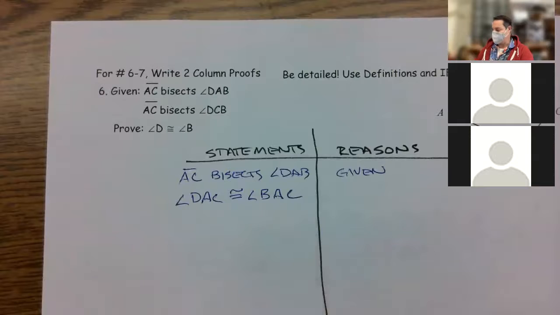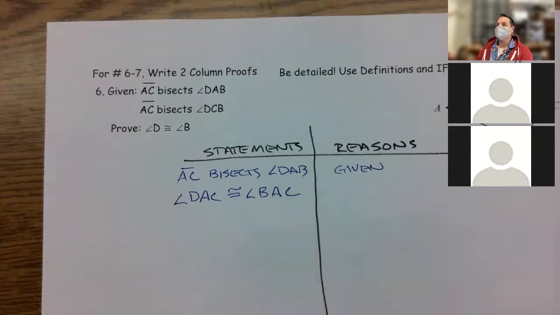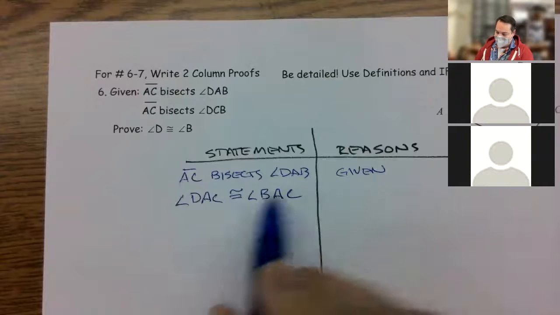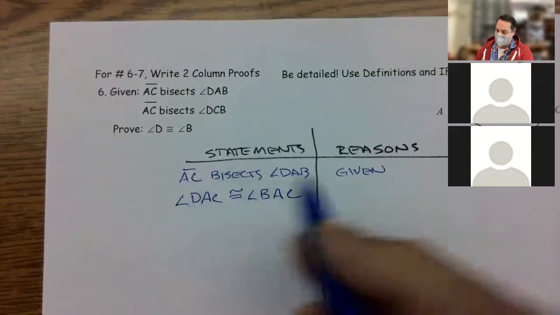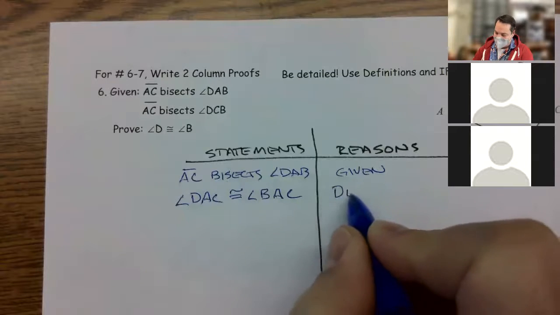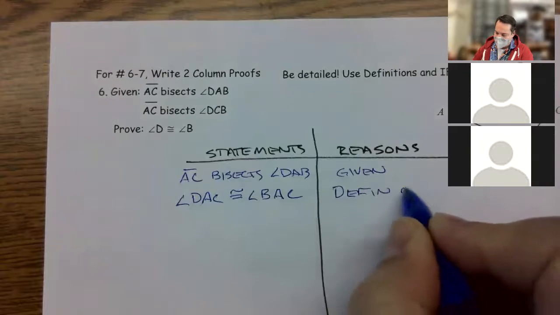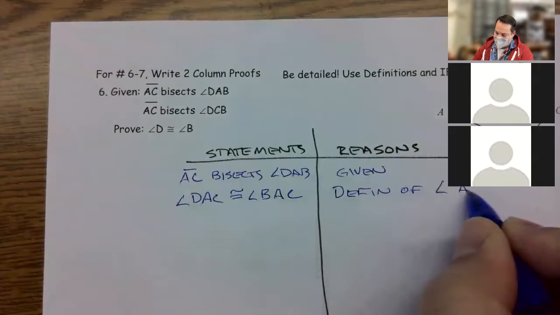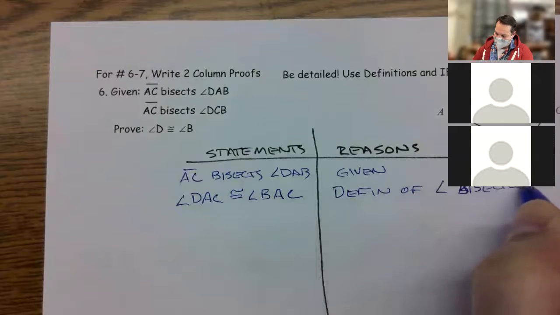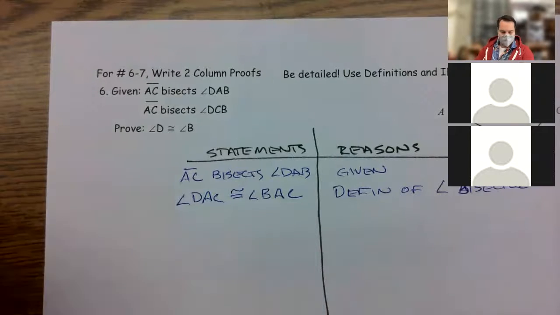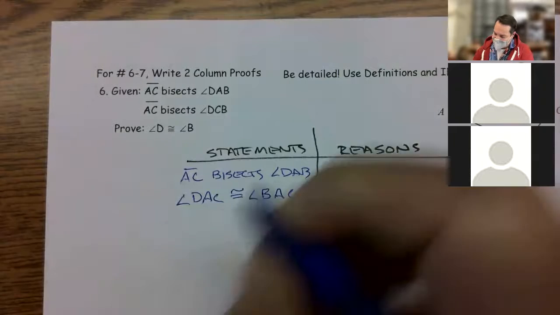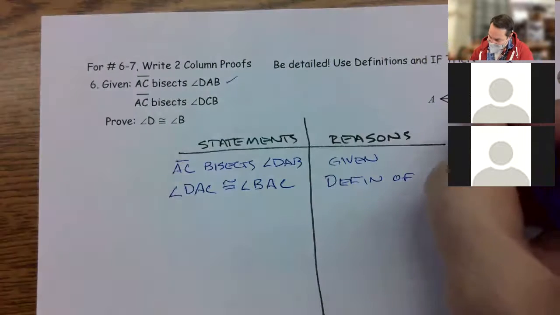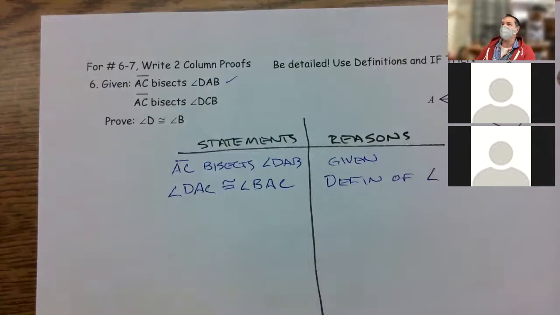What's my justification? Yeah, I had previously said there was an angle bisector, and this is what it means for that. In other words, it's the definition of an angle bisector. And that takes care of my first given. And now I've got a notation I can put in the picture based on that.